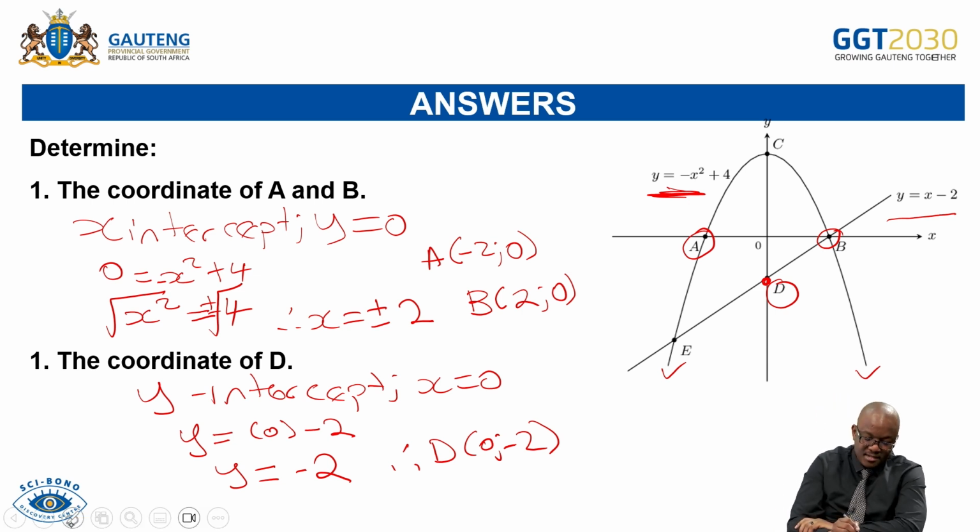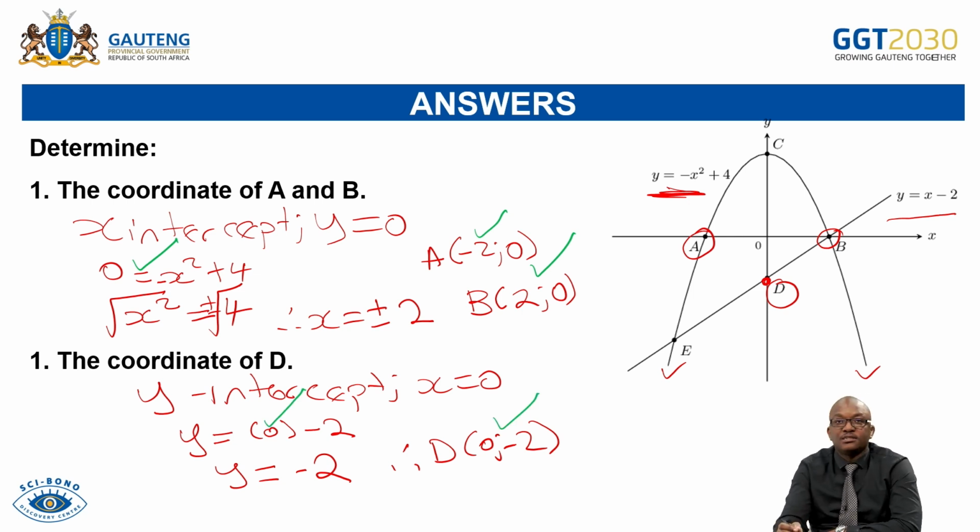When we mark here, you will then say 1 mark for letting y be 0, and we now give you the coordinate. 1 mark for letting x be 0 and give you the coordinate.